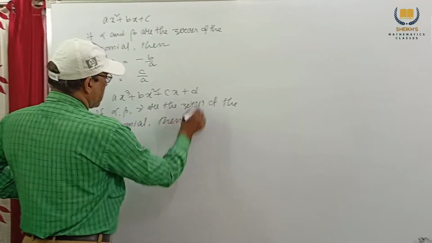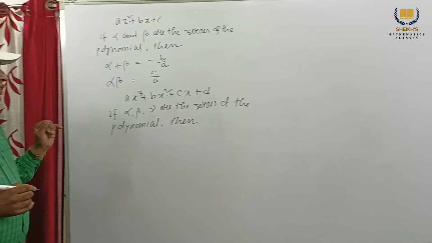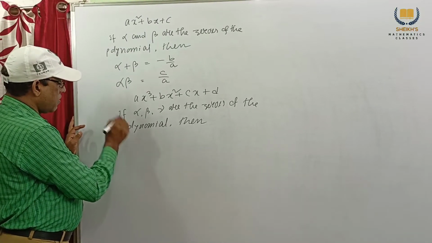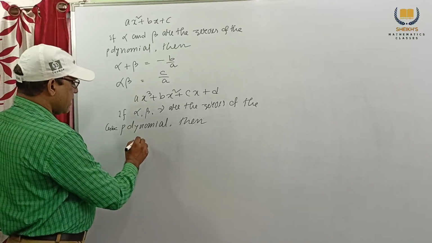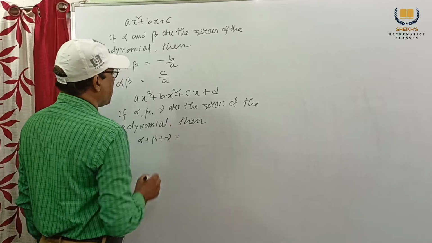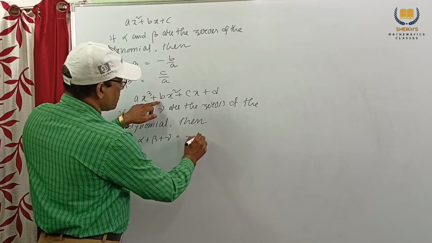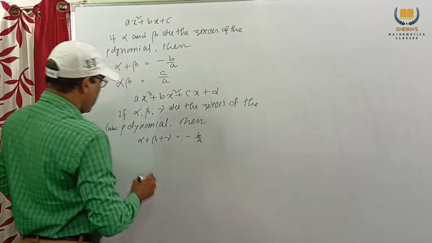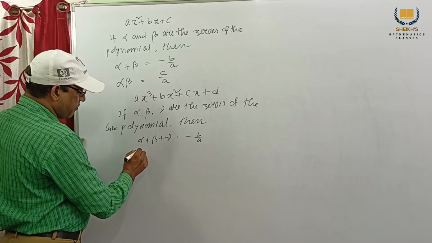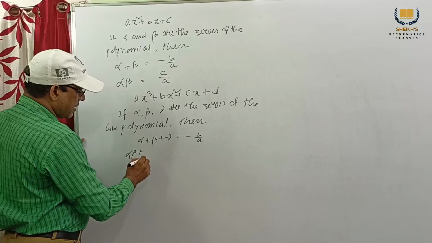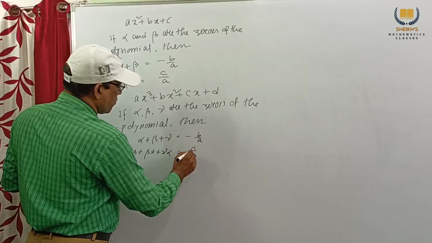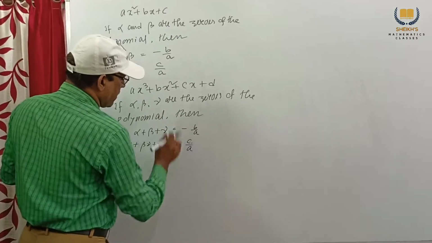then of the cubic polynomial, sum of the zeros alpha plus beta plus gamma equal to minus b by a. Product of the zeros taken two at a time, alpha beta, beta gamma, gamma alpha, equal to c by a.